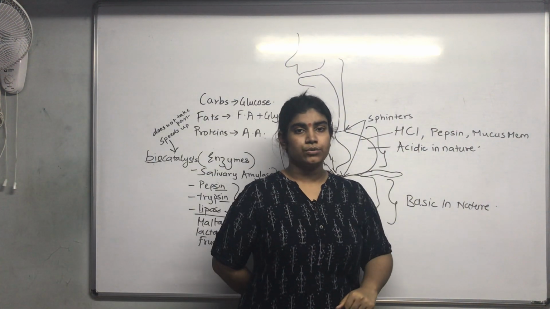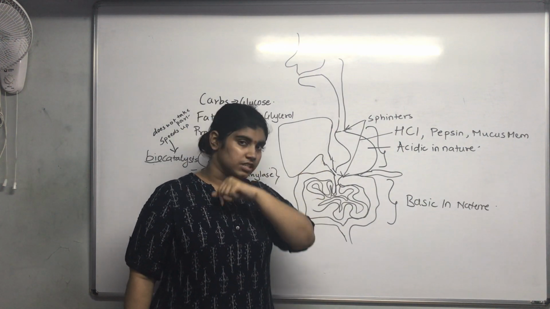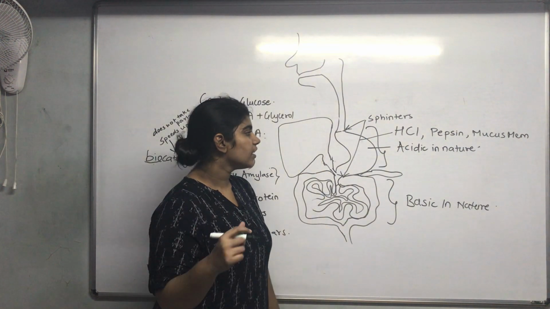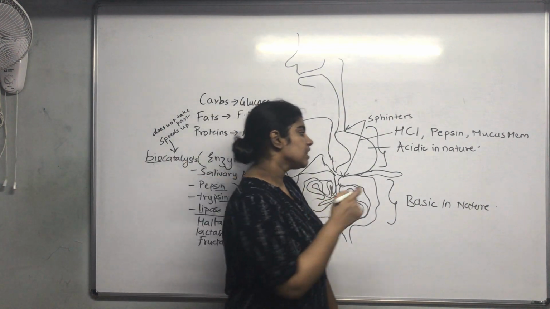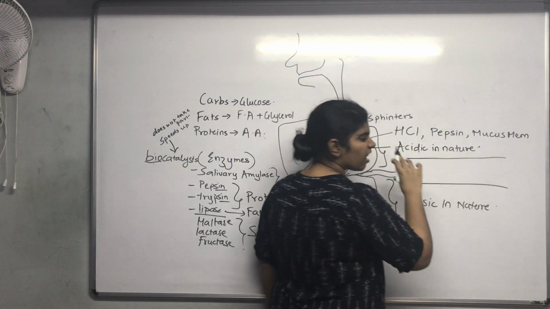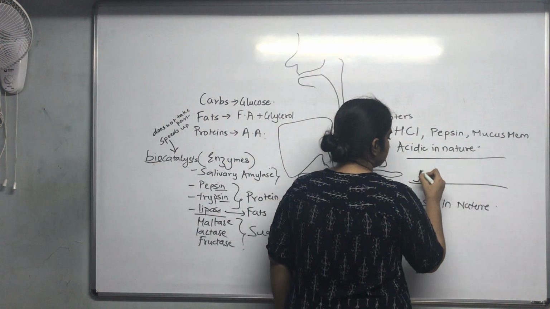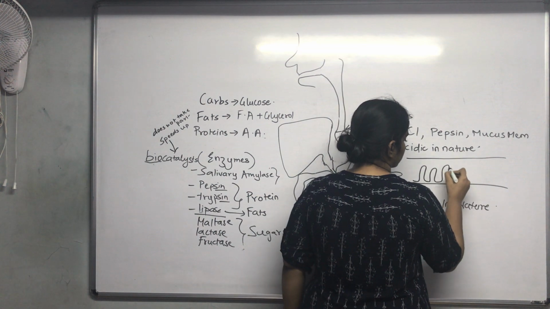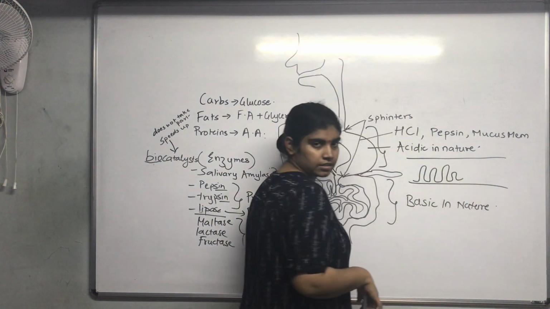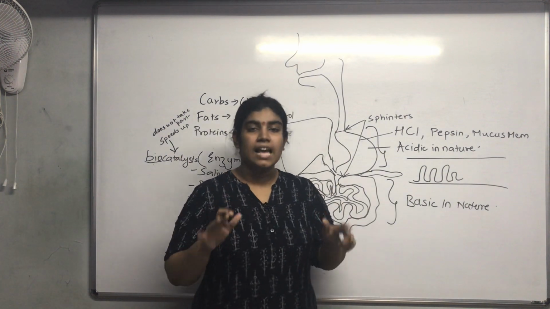After the breakdown, there is the absorption process. Now what is the absorption process? Assuming this is a pipe or a part of the small intestine, inside the small intestine there are various finger-like projections known as the villi. So why are they there?